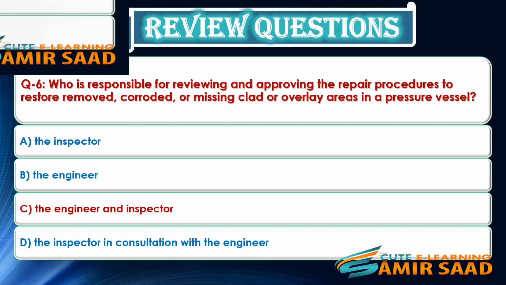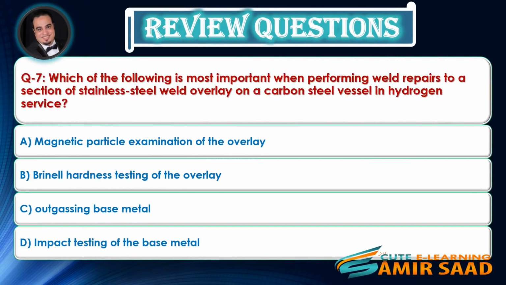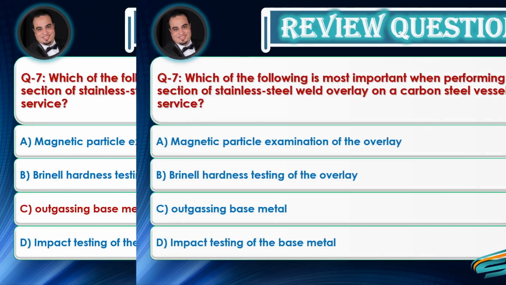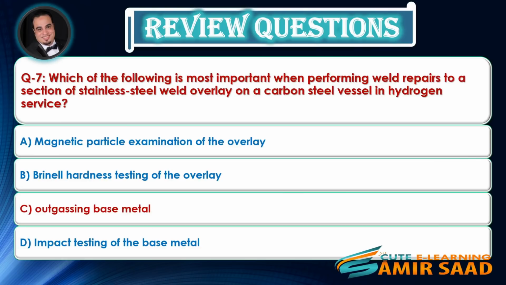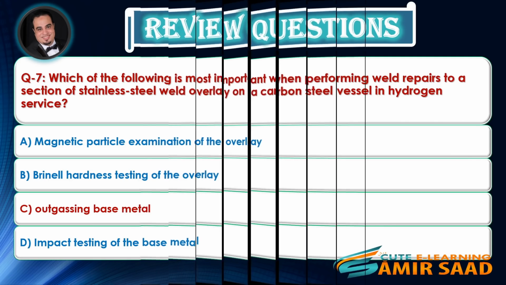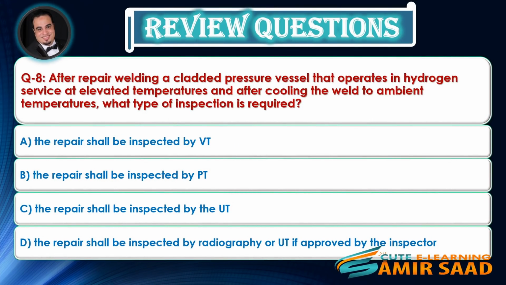Question number 7. Which of the following is most important when performing weld repairs to a section of stainless steel weld overlay on a carbon steel vessel in hydrogen service? Answer is C. Question number 8.